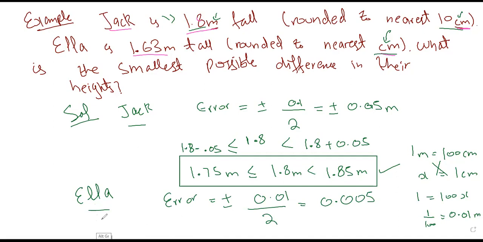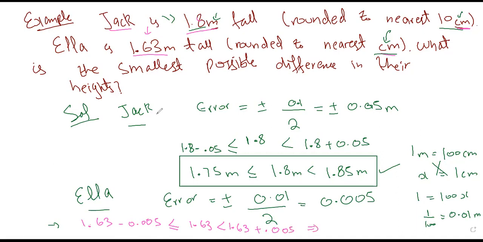Okay. And what about Ella's range? I'll write it here with pink color. Ella's range would be 1.63 minus 0.005 less than or equal to 1.63 less than 1.63 plus 0.005.